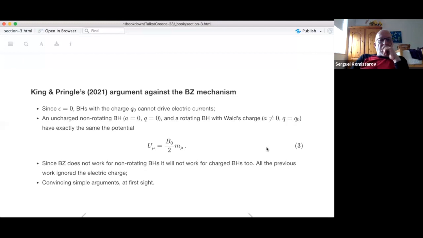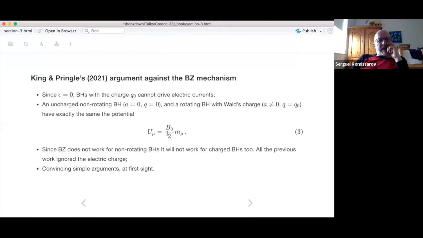Okay, and now let's look again at the King and Pringle's argument against the Blandford-Znajek mechanism. So first, essentially, they just stated the results by Wald. So if there is no potential difference, then no currents can be driven.